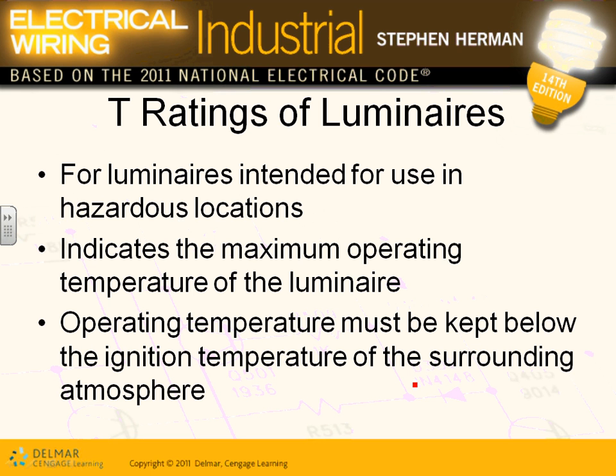Temperature rating of luminaires, special luminaires, guys, because they burn electricity. So for luminaires, you need to be able to maintain the temperature below a certain value. Luminaires intended for use in a hazardous location have to have a T rating on them. What's that T rating, Chris? It indicates the maximum operating temperature of the luminaire.